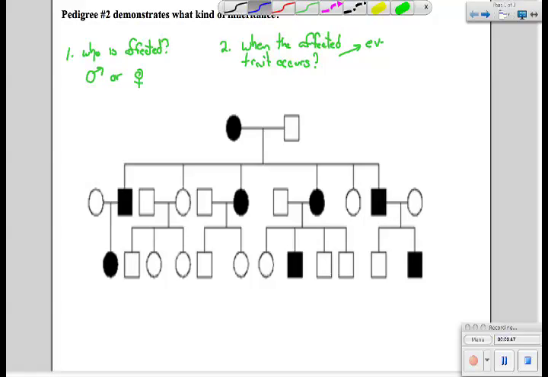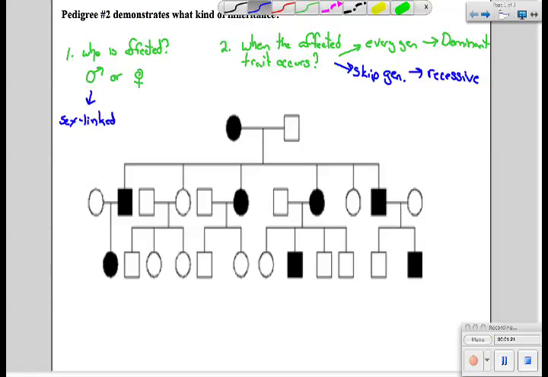Recall that every generation means that you're a dominant trait, whereas skipping generations means that the trait is recessive. Likewise, appearing mostly in males means that a trait is sex-linked, and you'll learn more about this after we do sex-linked traits.